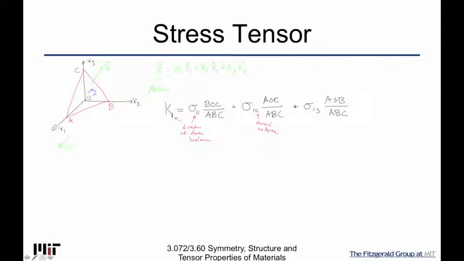So these are all force balance now, just for K1. Of course, I have a similar expression for K2 and a similar expression for K3. So those are all the balanced forces.